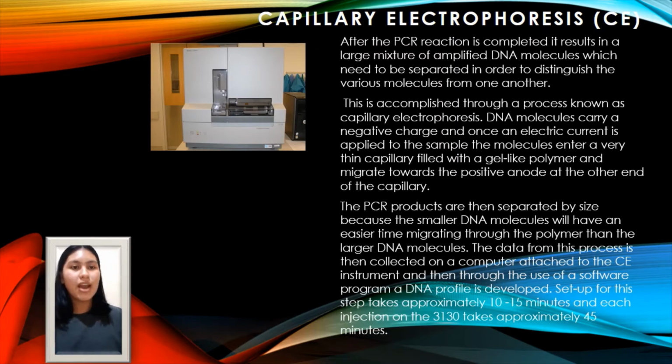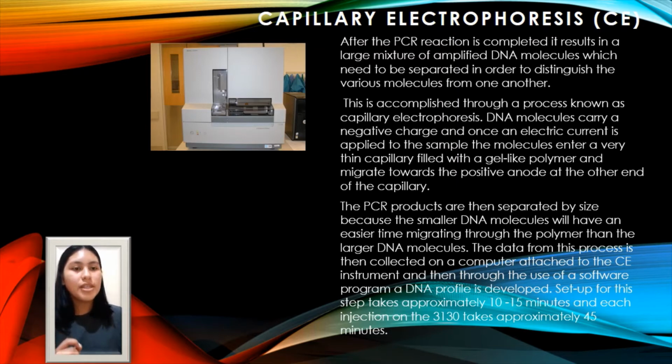DNA molecules carry a negative charge, and once an electric current is applied to the sample, the molecules enter a very tiny capillary filled with a gel-like polymer and migrate towards the positive anode on the other end of the capillary. The PCR products are then separated by size because the smaller DNA molecules will have an easier time migrating through the polymer than the larger DNA molecules.